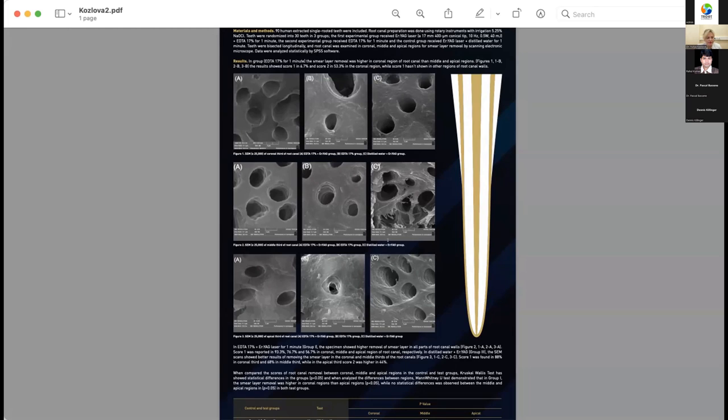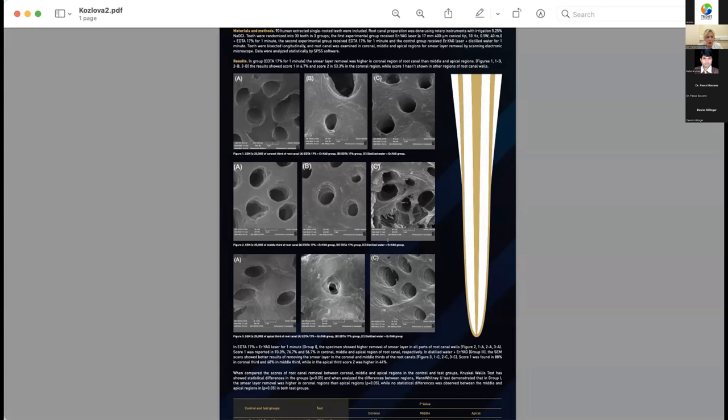Score 1, which is the highest one, was found in 80% in the coronal third, in 68% in the middle third, and we didn't have score 1, we have only score 2 in the apical third, 44%.